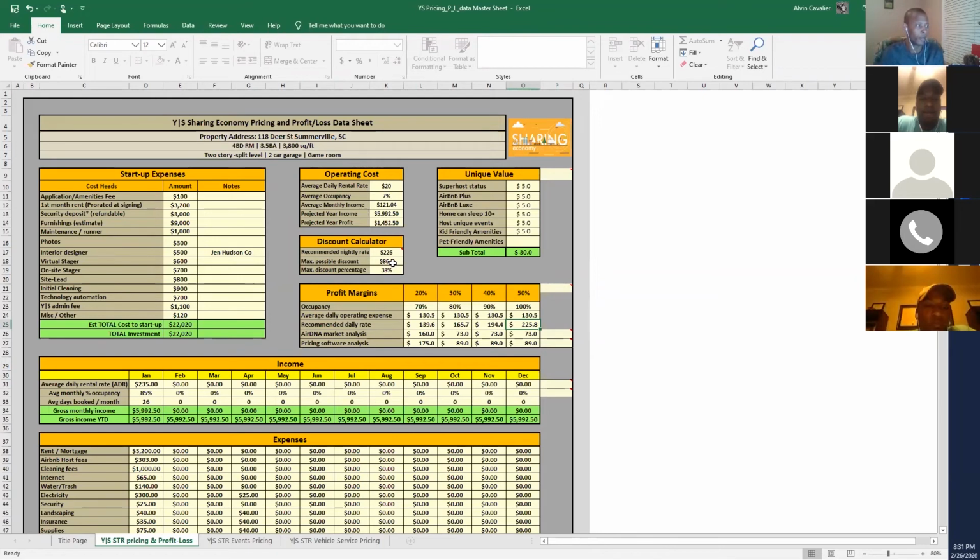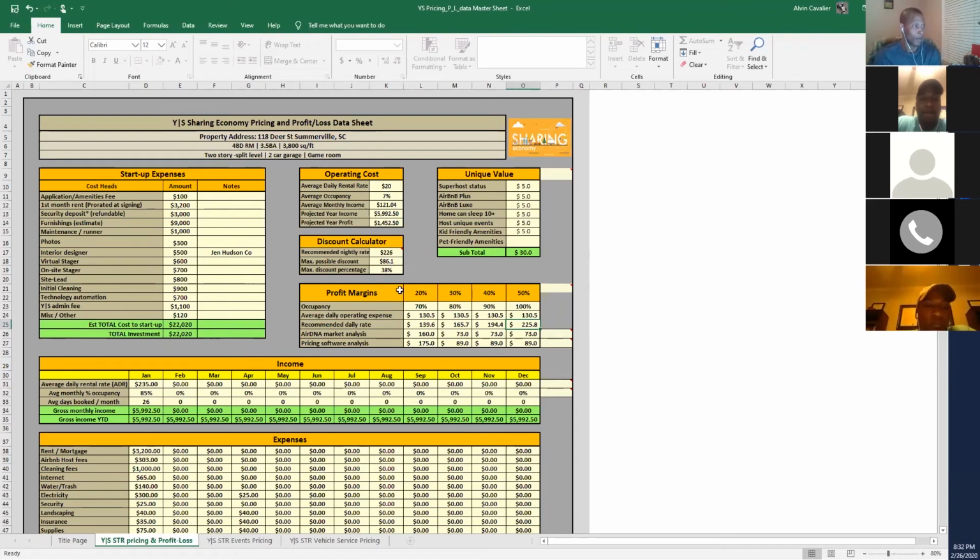So you can put in the daily rate there, and then it'll give you the max possible discount you can offer without dropping you below a 20% profit margin. So again, the conversation becomes all about your profit margins, and this portion of it helps you realize that.